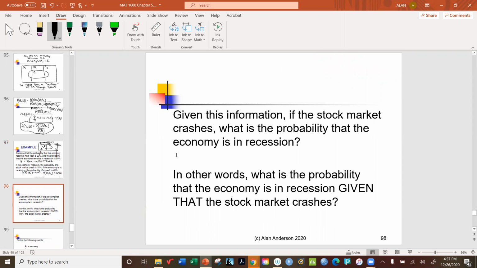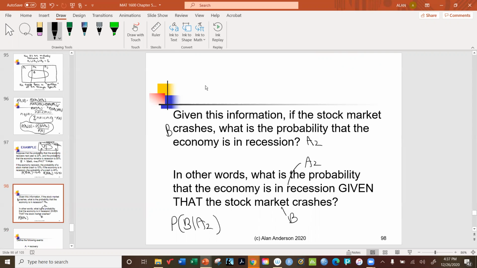If the stock market crashes, now remember that's B, what's the probability that the economy is in recession? Now, you can rewrite that as what is the probability of being in recession given that the market crashes?